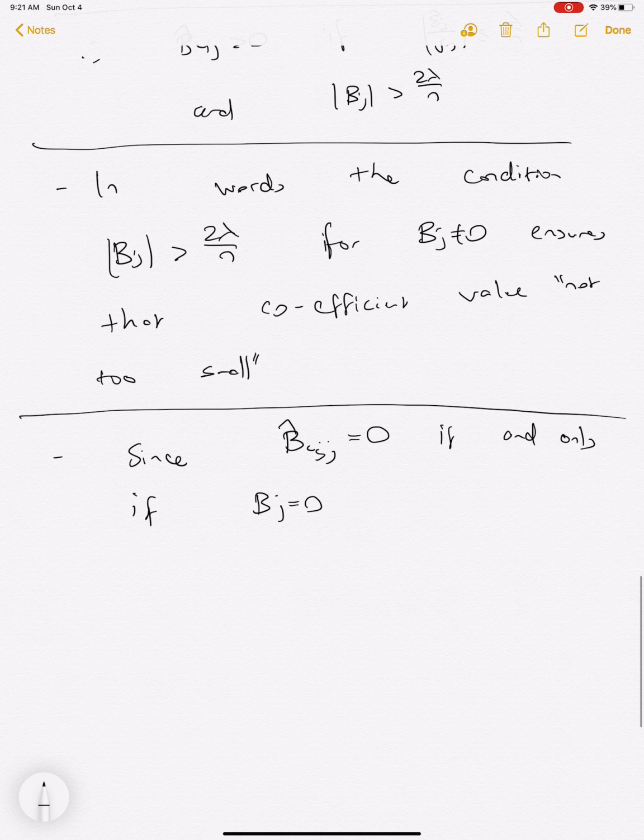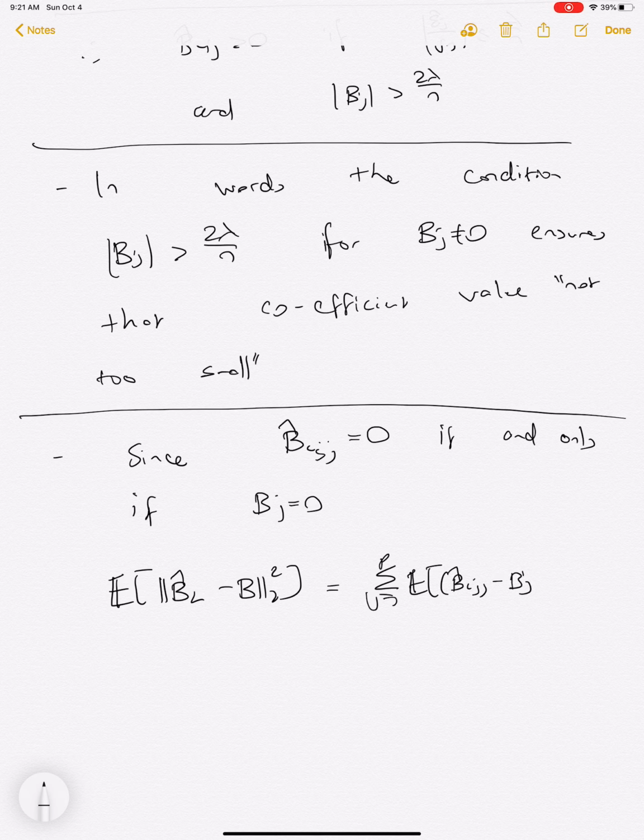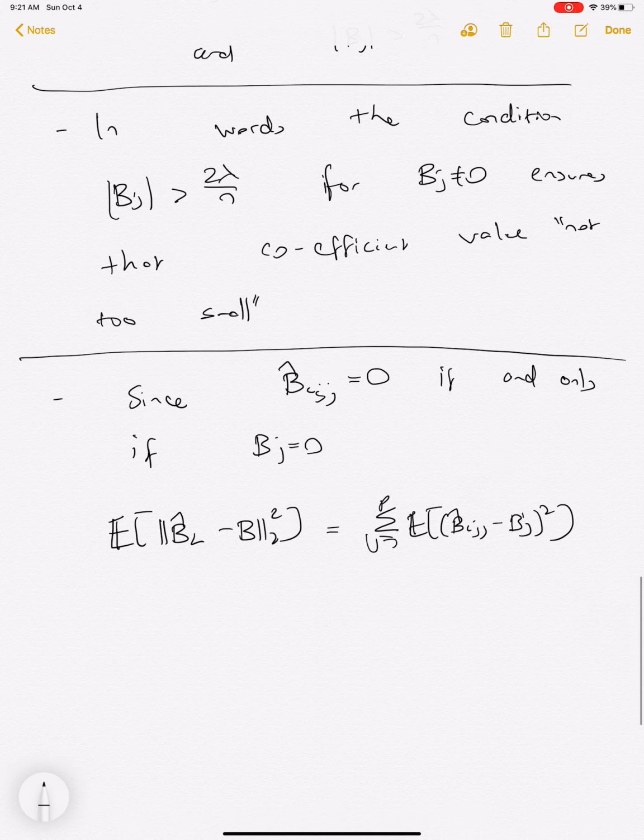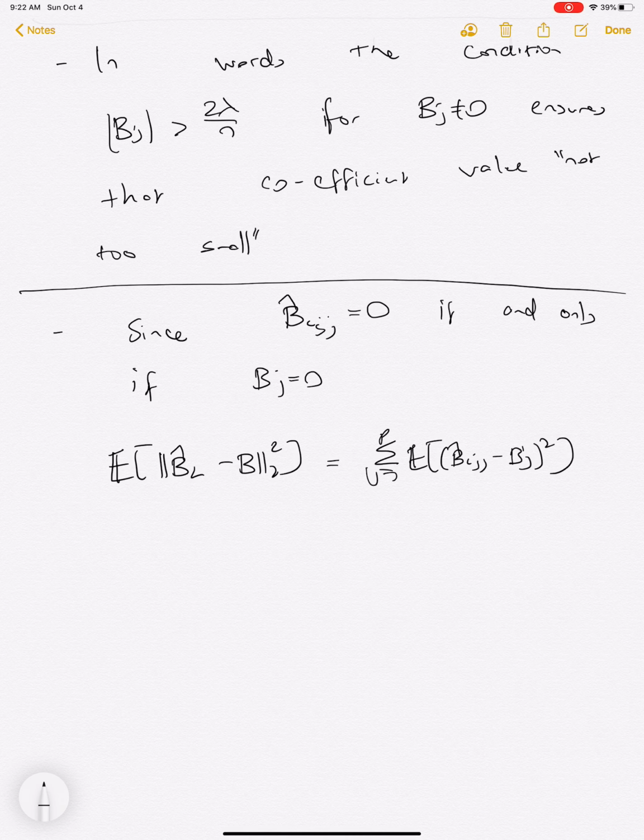And this really makes our calculation a lot easier. What that means is that we can rewrite this coordinate by coordinate.